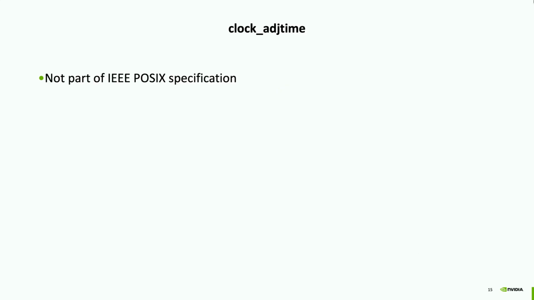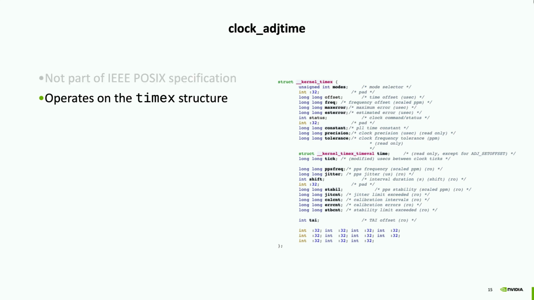As I said, clock adjust time is not really part of IEEE POSIX. It operates on this huge structure, and I will talk more about it in the talk tomorrow about new APIs, because the current version of the clock adjust time, if it's called without any flags, should return this structure and actually fill it in.